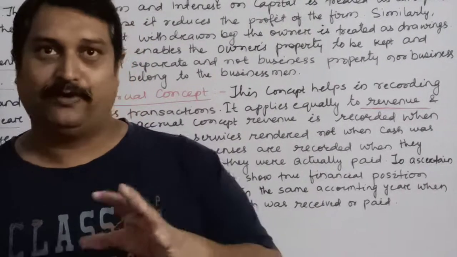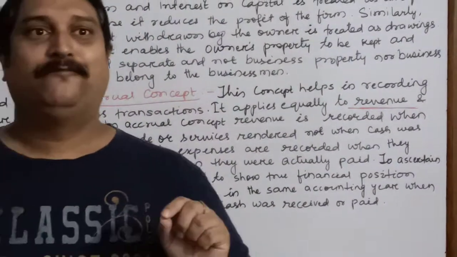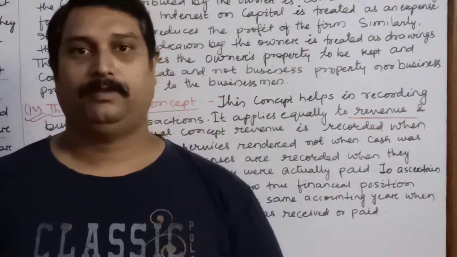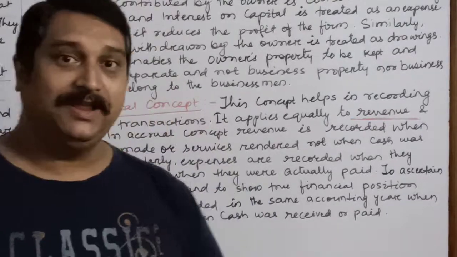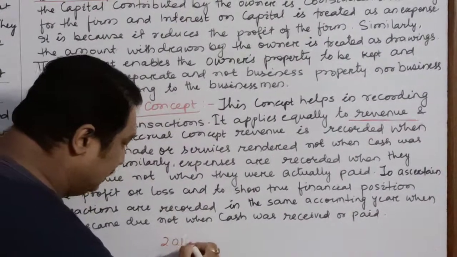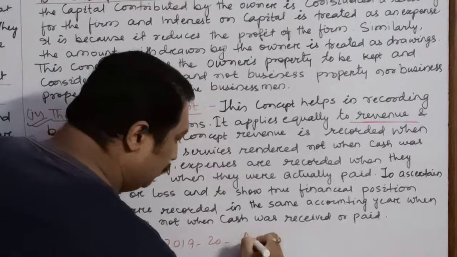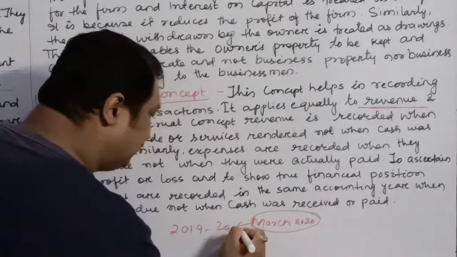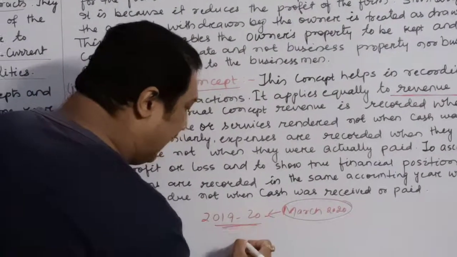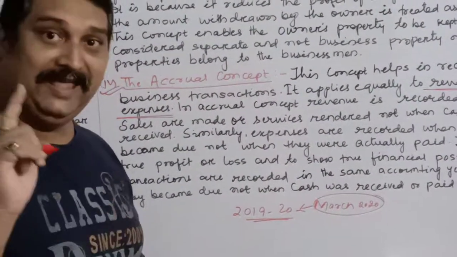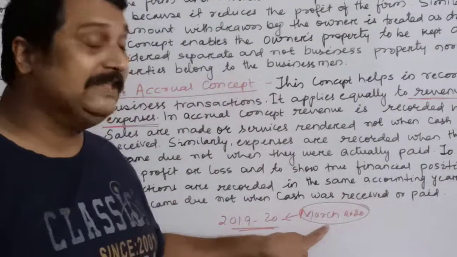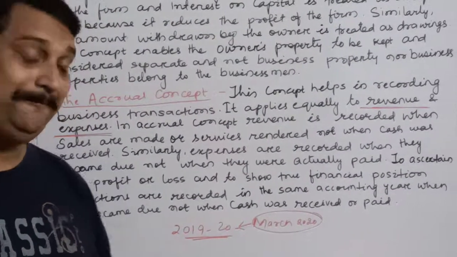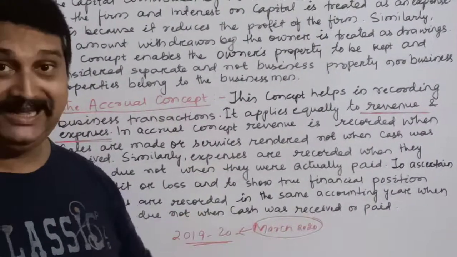For example, salary for the month of March 2020 belongs to the accounting year 2019-20. So the March 2020 salary belongs to this year. If the firm has not paid the salary, then also it will be recorded in this particular year, because the salary was to be paid in this particular month, not in April.